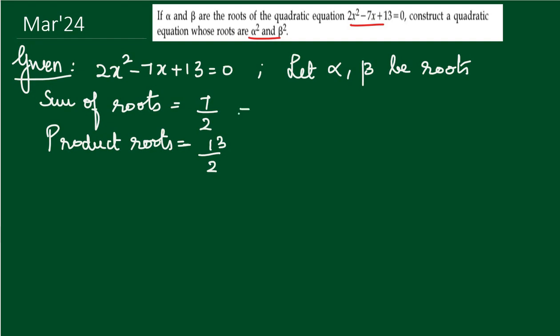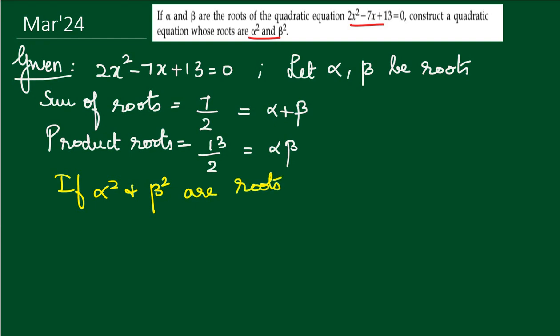So the sum of the roots is alpha square plus beta square. Now we want to find what alpha square plus beta square is.